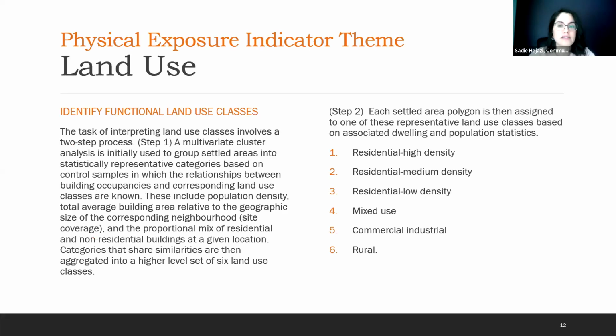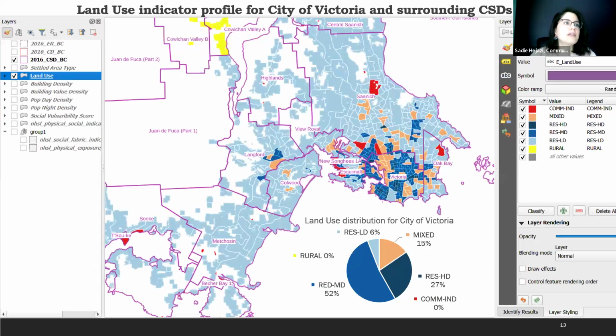So the first one is land use. Land use class is the assigned land use for the settled area based on population density, census housing characteristics, and the North American Industrial Classification System codes. We added the data we got from NRCan to QGIS. This shows only the city of Victoria and surrounding census subdivisions.